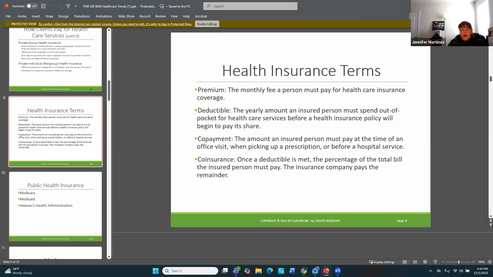How much money on top of your premium that you're paying every month do you have to spend before your insurance kicks in? A lot of them are like $2,000, $3,000 that you have to spend before they start. Okay, so knowing what your deductible is really important.